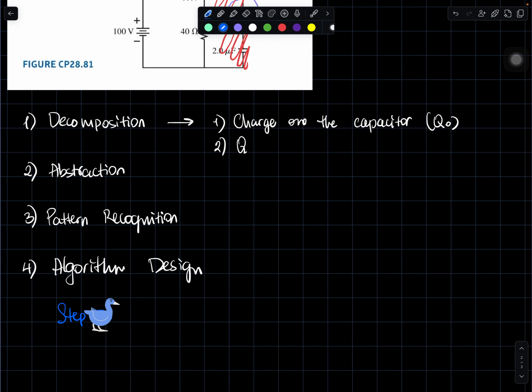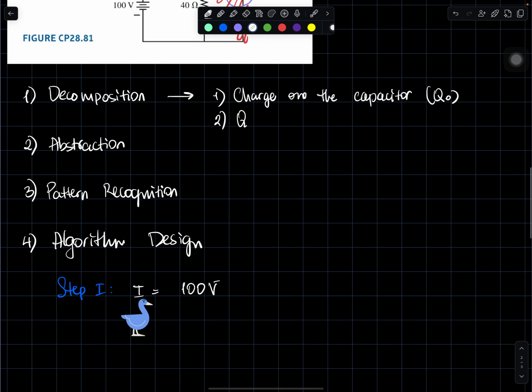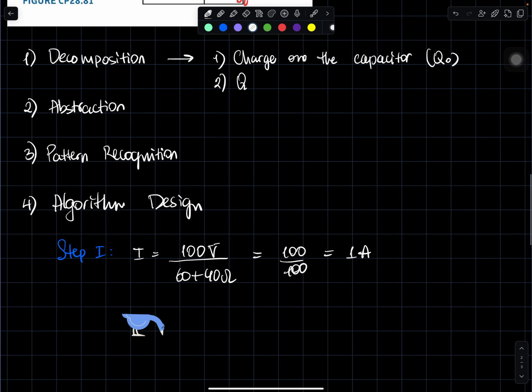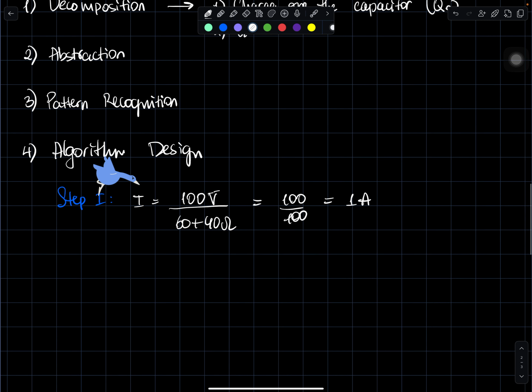So we need to find the current, I, equals 100 volts over 60 plus 40 ohms. 100 over 100 gives us 1 ampere. So we found the current, and now we need to find the voltage.